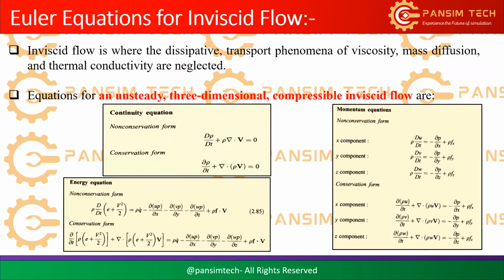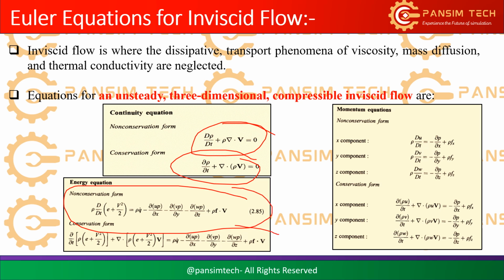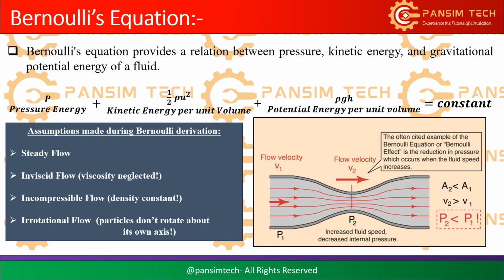Euler equations are for inviscid flow. This is nothing but ignoring the viscosity in our energy equation, momentum equation, and continuity equation. You will get this type of equation. Okay, try to substitute from your side. Then Bernoulli equations.